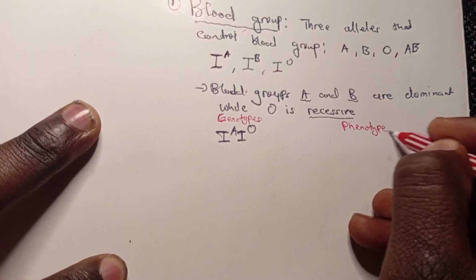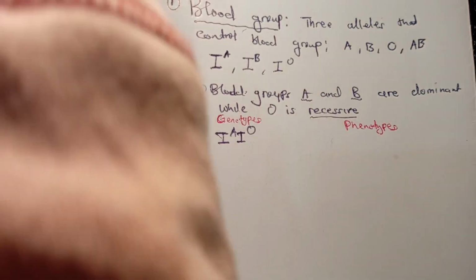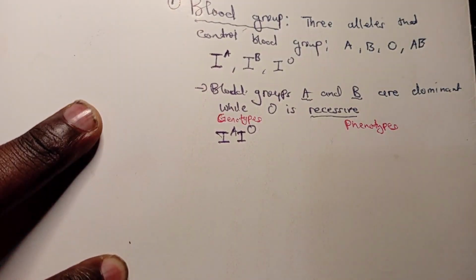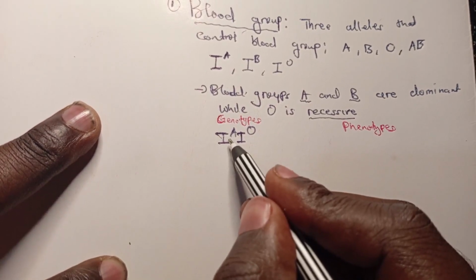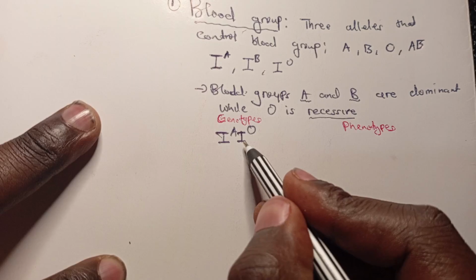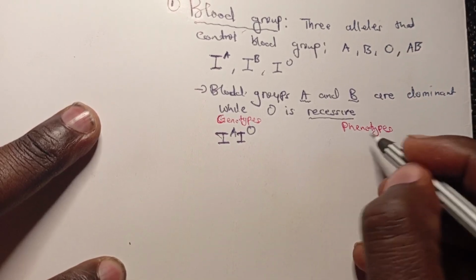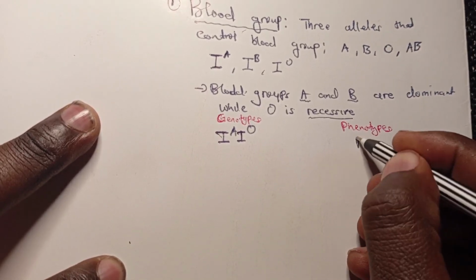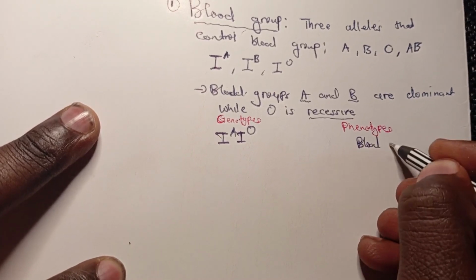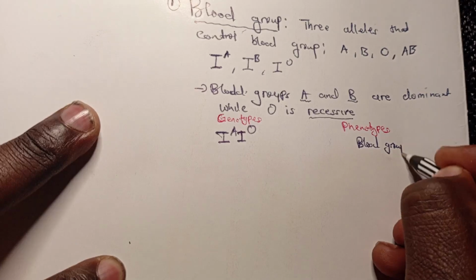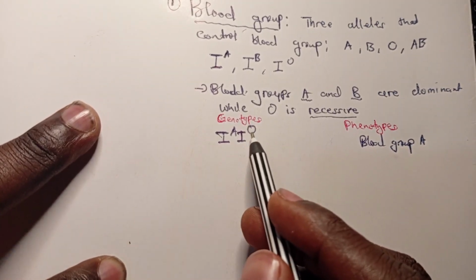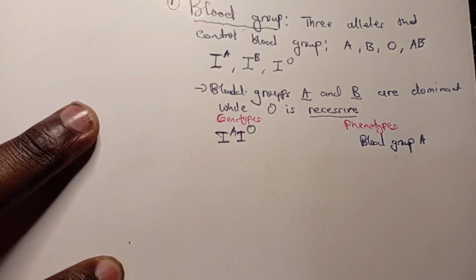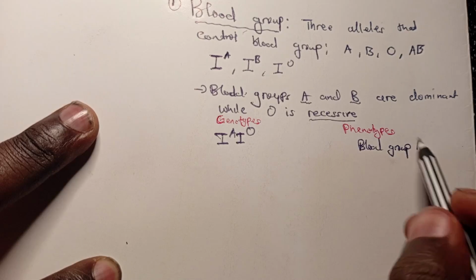We discussed what phenotypes is in the previous video. I won't be discussing a lot of things here. So when you have this type of genotype, you inherit A from mother and O from father maybe, but your phenotype is basically just blood group A. Because we said O is recessive, it won't express itself. So your blood group will just be blood group A.